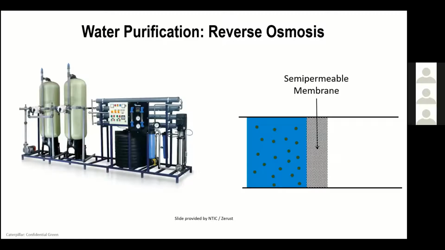Not going to spend a whole lot of time here, but I do want to mention how reverse osmosis water purification can work, especially in the manufacturing environment or in the home environment.